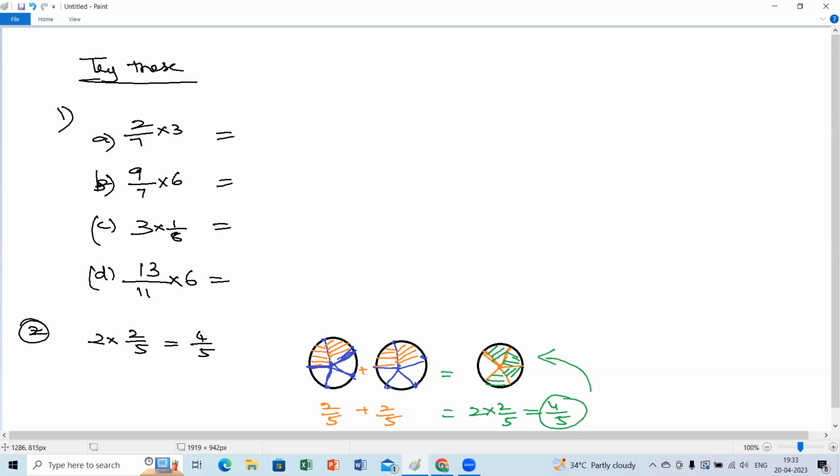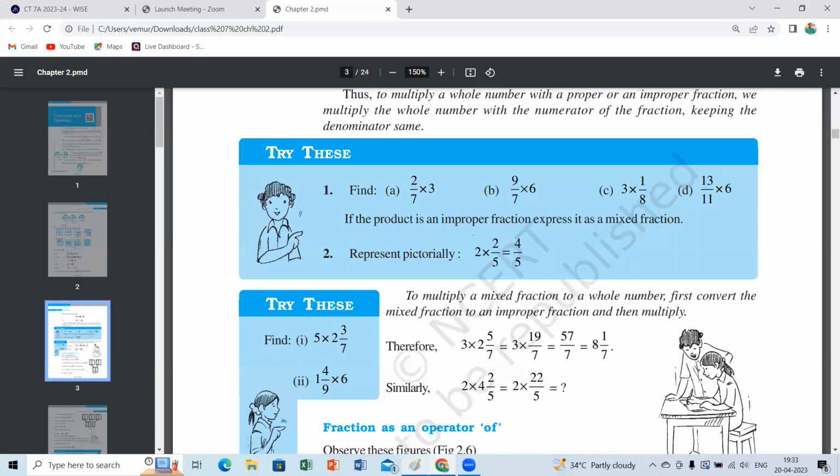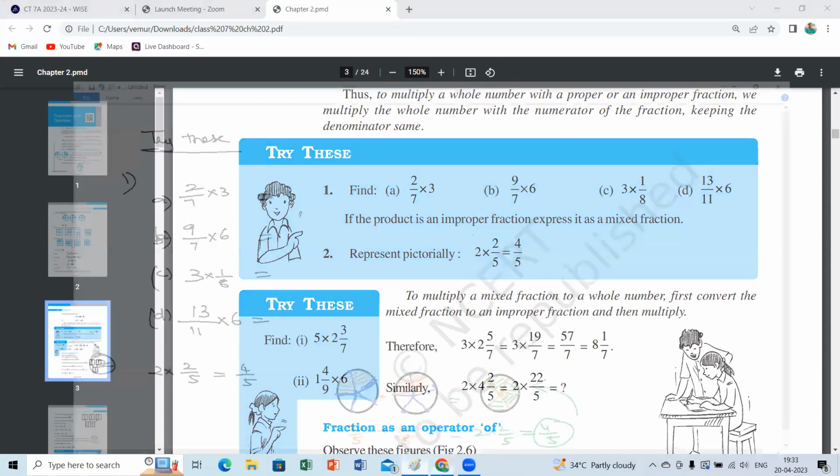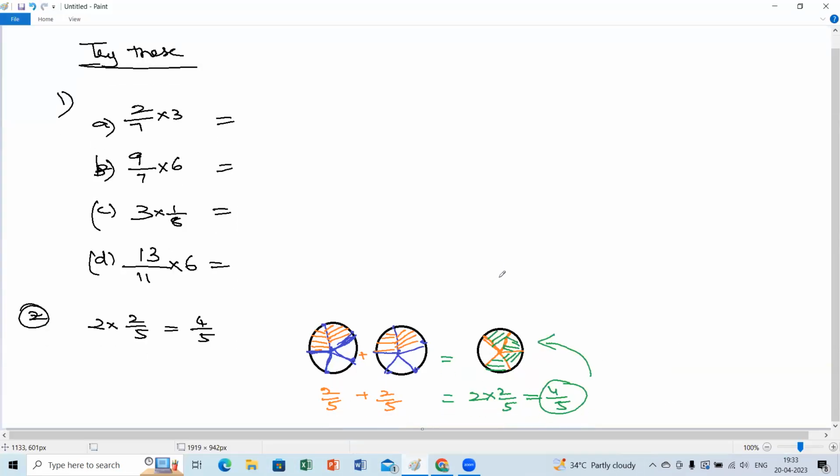That's a pictorial representation. Even in the examination, they can ask you, children, for testing you. So pictorial representation is also very important. You have to represent pictorially, means you have to do the same procedure. No need of taking a circle shape, you can take a rectangle shape and make it 5 boxes.